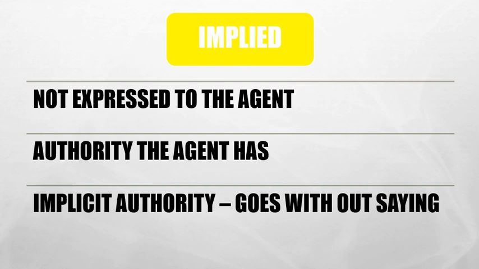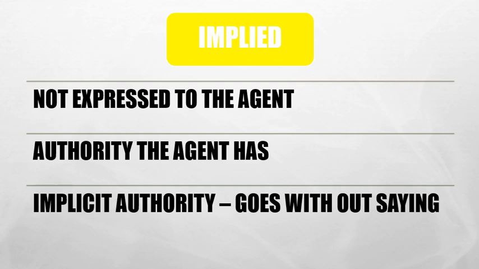An agent may not have expressed authority to keep a clean workspace, but it is an implied authority that the agent has. The agent may sell a policy to the customer and want to hold the door for the customer or shake the customer's hand, and the agent is still acting on behalf of the principal with an implied authority.